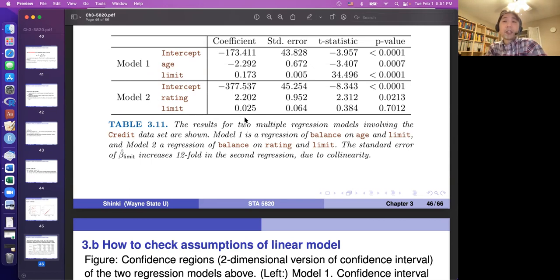So the coefficient is less meaningful compared to the previous regression, and the standard error is inflated. So this is not really reliable to see if the limit is an important factor to determine the response, the balance.